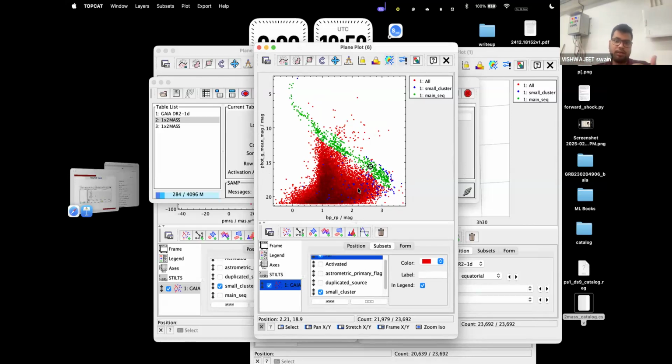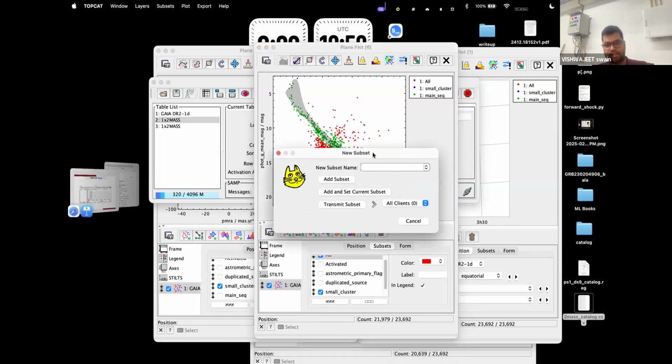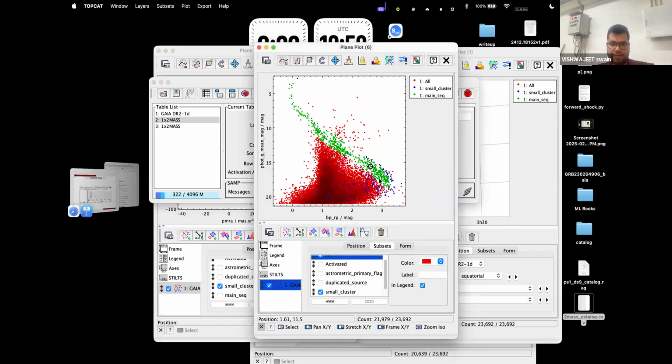Here we did not put any parallax limit, so we are seeing almost all the clusters. The good thing is that if you want to study a particular cluster, you can go to the blob and select it. It will automatically select it and you can make another subset out of it. I already did that, which is why it's shown in green.